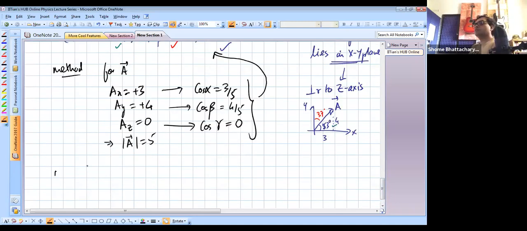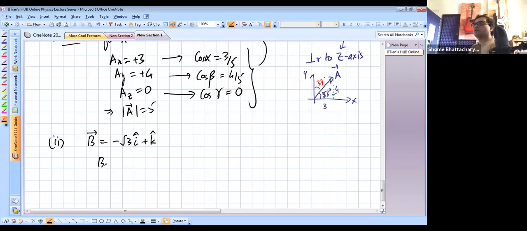The vector b was given to you as minus root 3 i cap plus k cap. So you notice something interesting. This vector is actually lying in the xz plane. You can see that the x component is minus root 3, the y component is in fact 0, and the z component is positive.